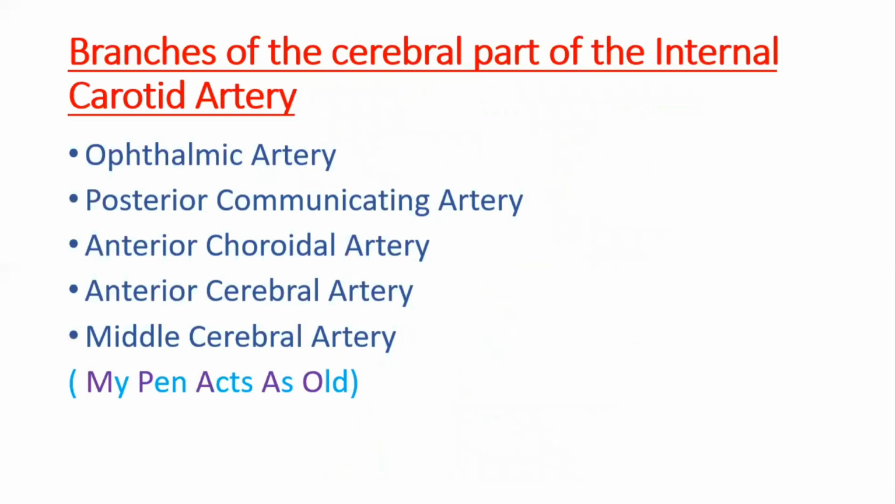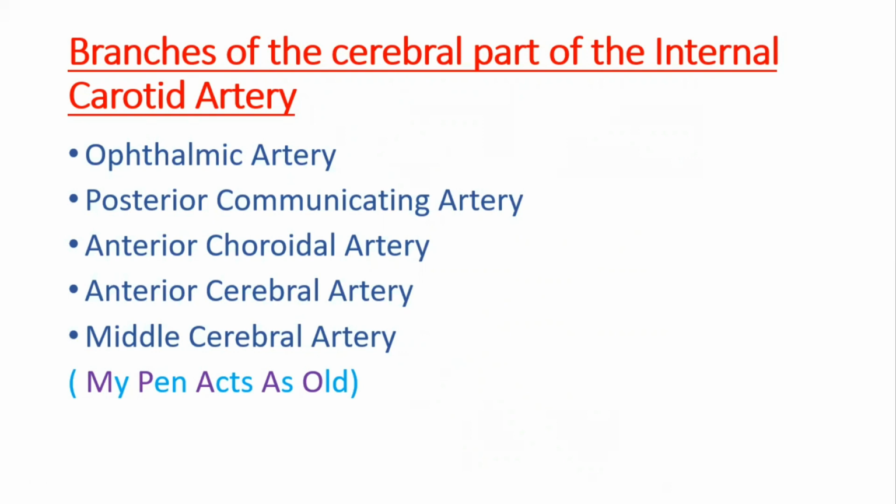Now, the branches of the internal carotid artery. As I already said, the common carotid arteries originally arise from the arch of the aorta. So we have the left and right common carotid arteries. The common carotid does not come from the vertebral artery and does not join from there, but joins from up in the middle of the circle and gives branches that complete the circle of Willis.